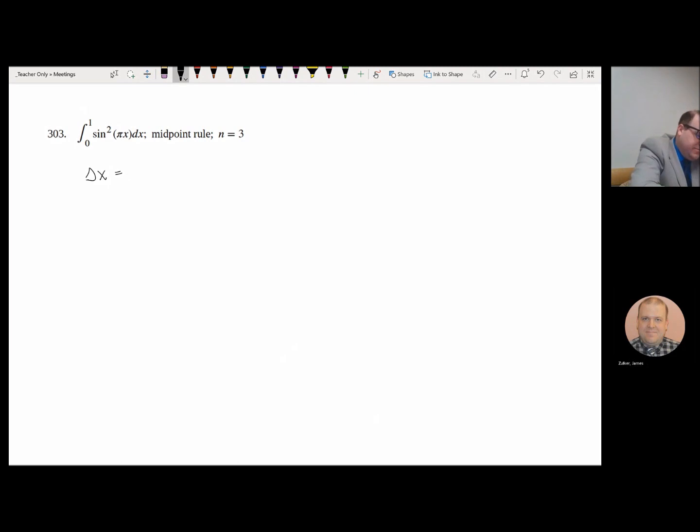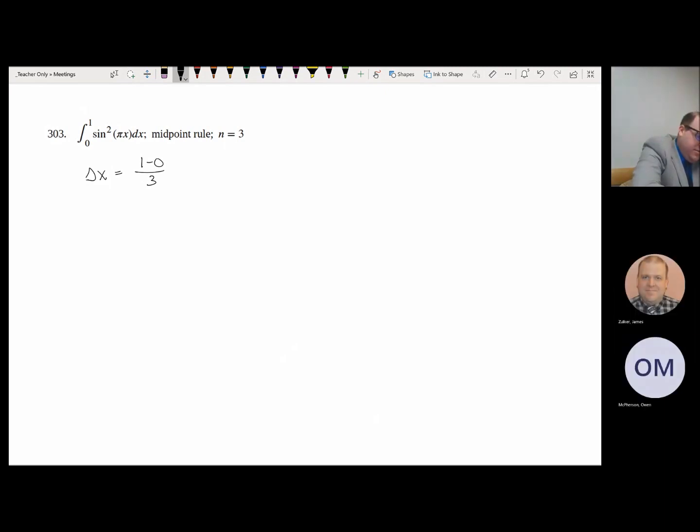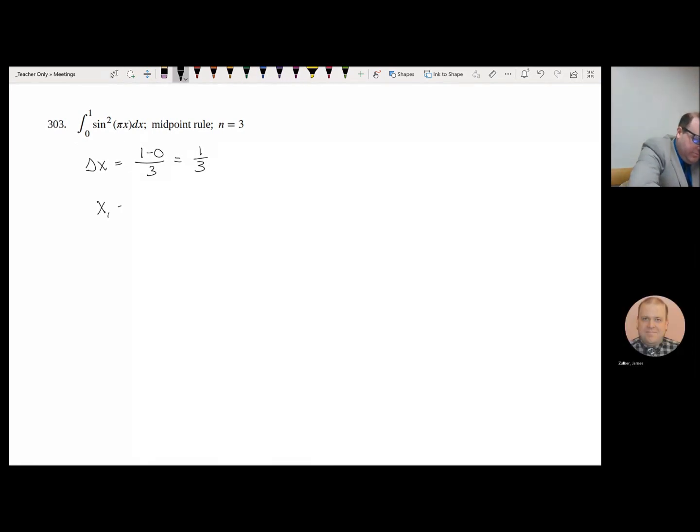Delta x is b minus a over n, right? So it's 1/3. x1 is going to wind up being 0 plus 1/3.